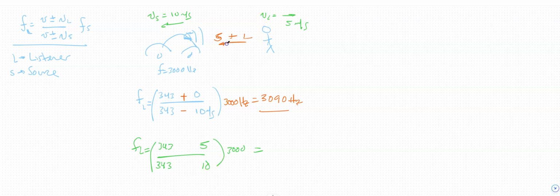Once again, we draw the reference from listener towards the source. This is our positive. So with respect to this positive reference, the listener is moving against the reference and the source is moving with the reference, so we put a plus. If you do the calculations, you get 2802.5 hertz, so less than the original 3000, right? We'll do more problems involving this in class.